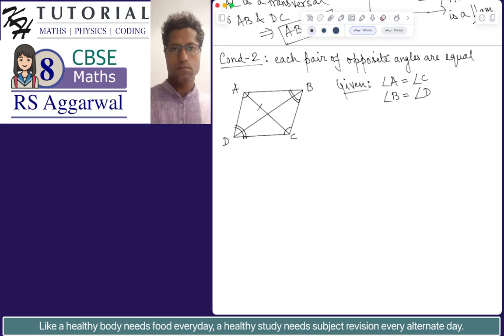Let me delete the diagonal AC. If we consider triangles ADB and BDC, this angle is equal to this, and this angle is equal to this angle.